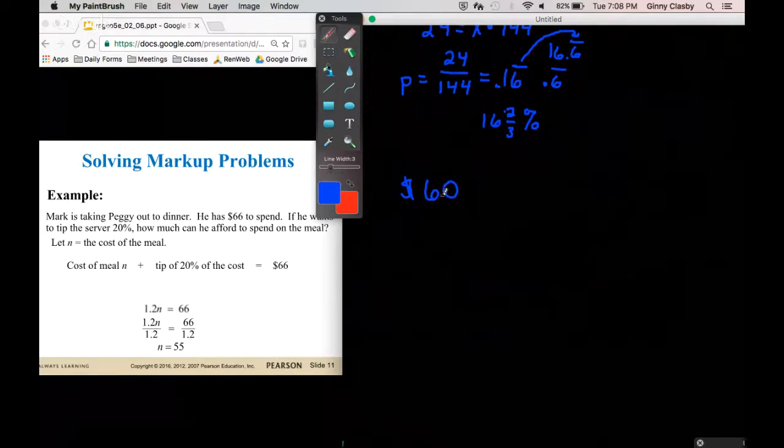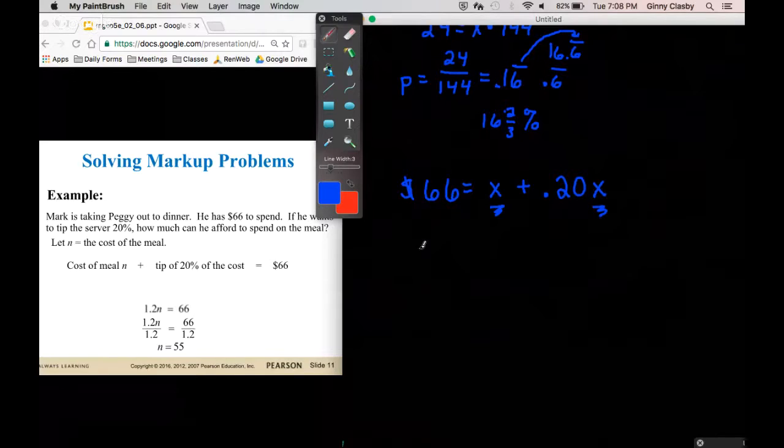If you're going to spend money on a meal, you have the cost of your meal, which we'll represent as X. But he wants to tip the waitress or waiter 20%. When you tip somebody, it's 20% of the cost of your bill. So the tip is going to be the percent times the money you spent on your food.